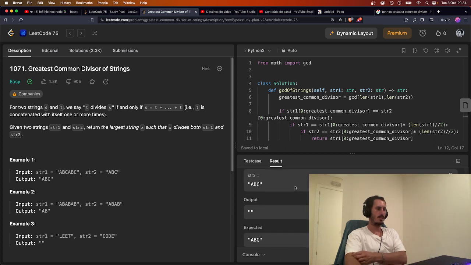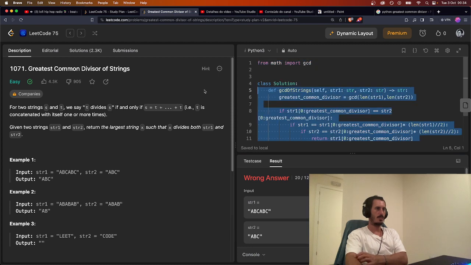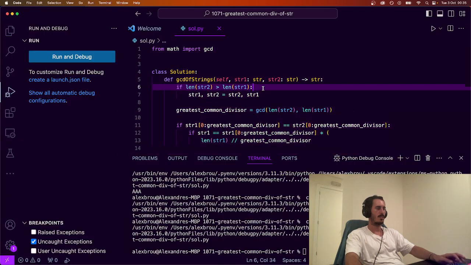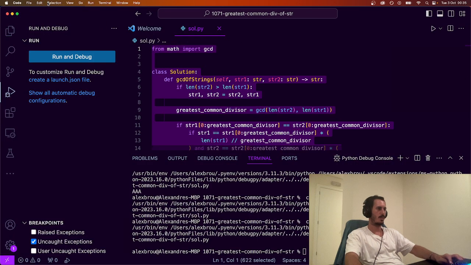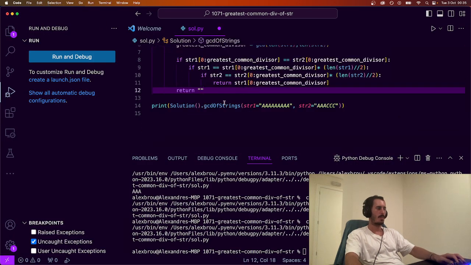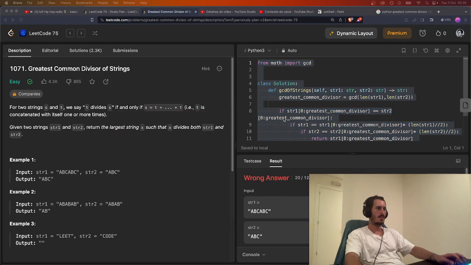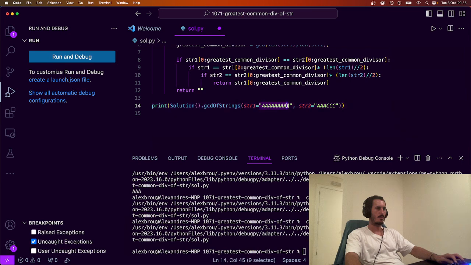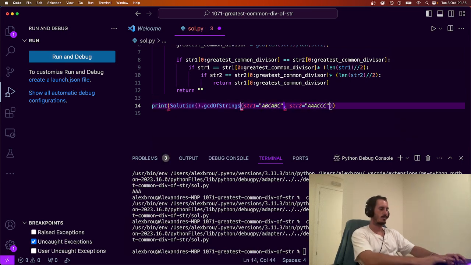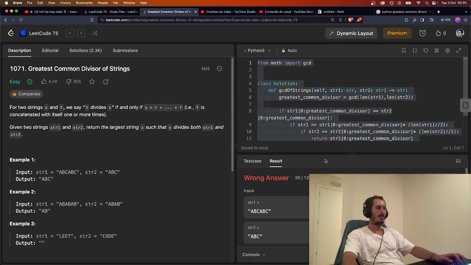Okay, wrong answer, outputs nothing, expected ABC. Okay, let me just run this locally and see what went wrong. So string 1 is ABC, ABC.